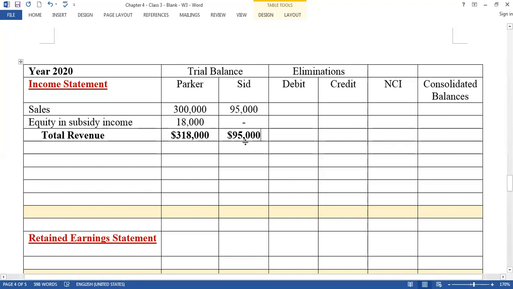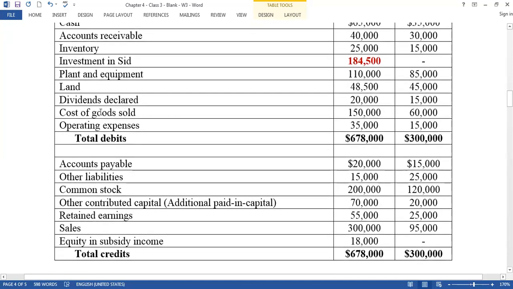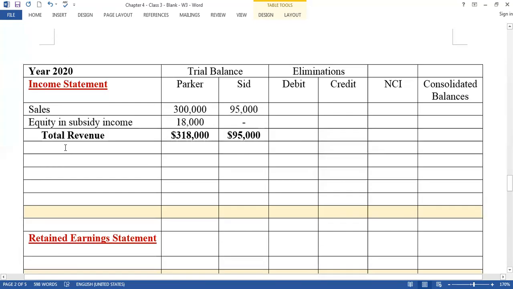Now next is expenses. It is given in the question. Just copy and paste. So these are the expenses, cost of goods sold and operating expenses, right? Now we copy and paste here. Now we have to calculate the total expenses.